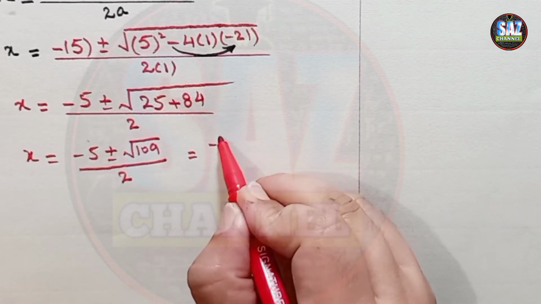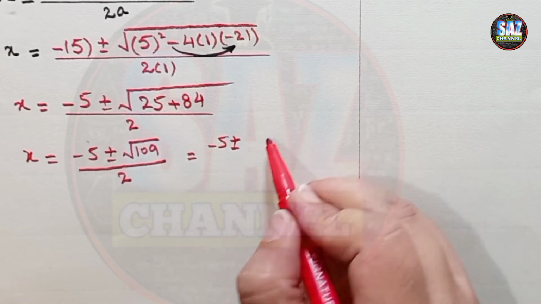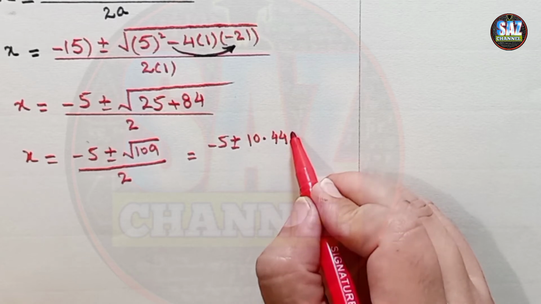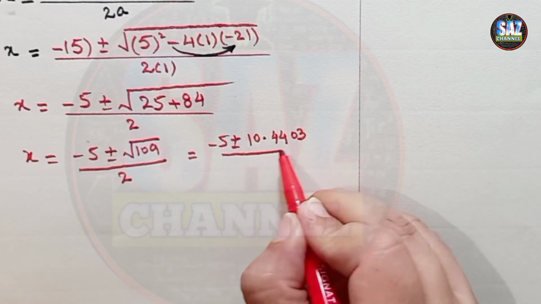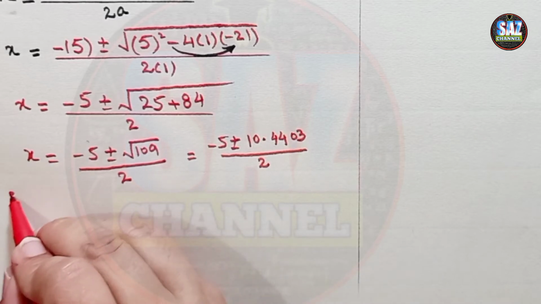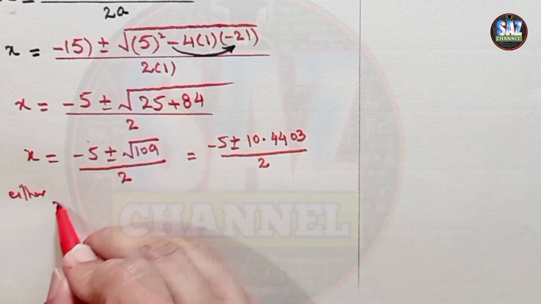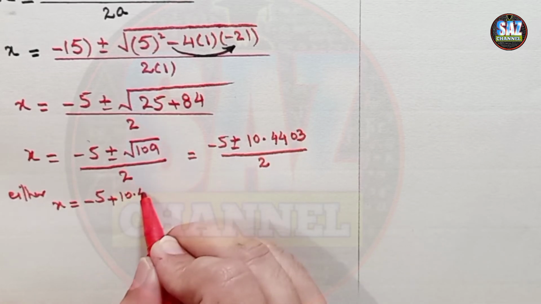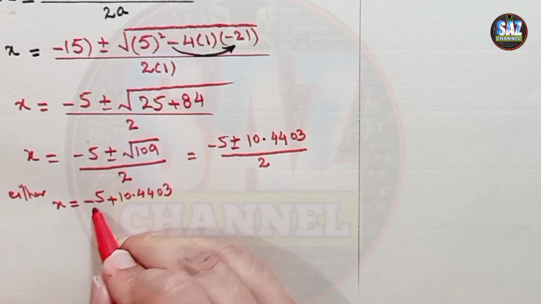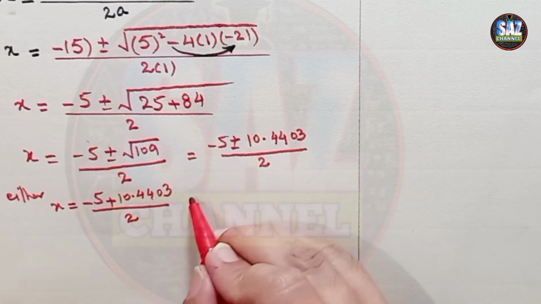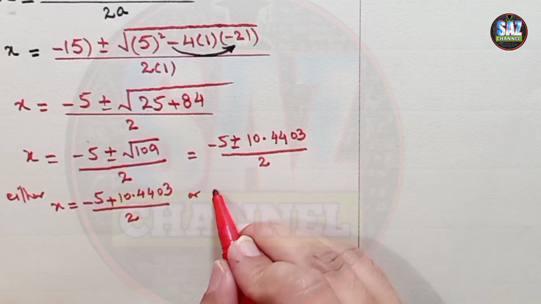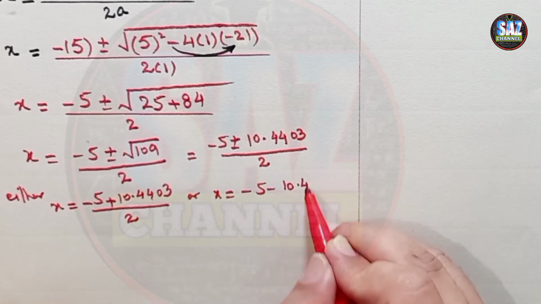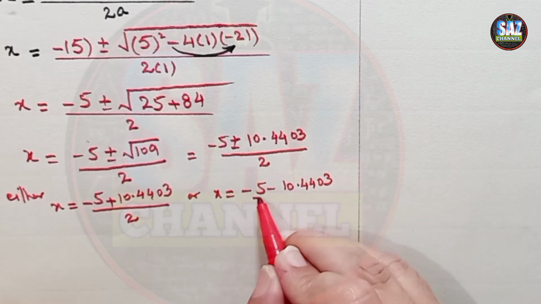This is equal to minus 5 plus minus 10.4403 upon 2, and then either x equals minus 5 plus 10.4403 divided by 2, or x equals minus 5 minus 10.4403 by 2.